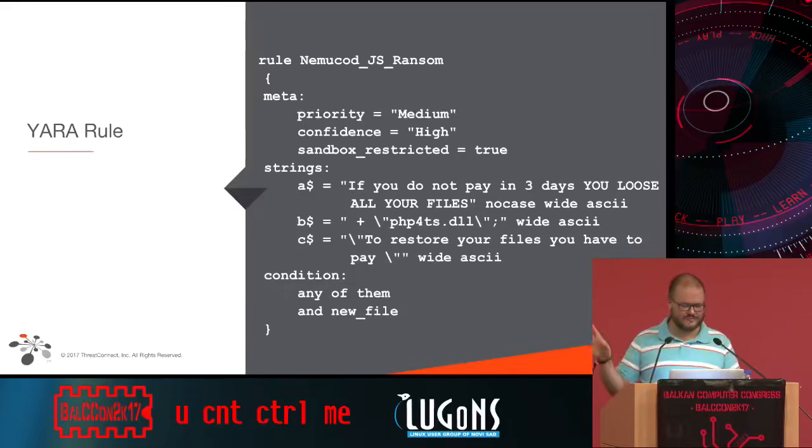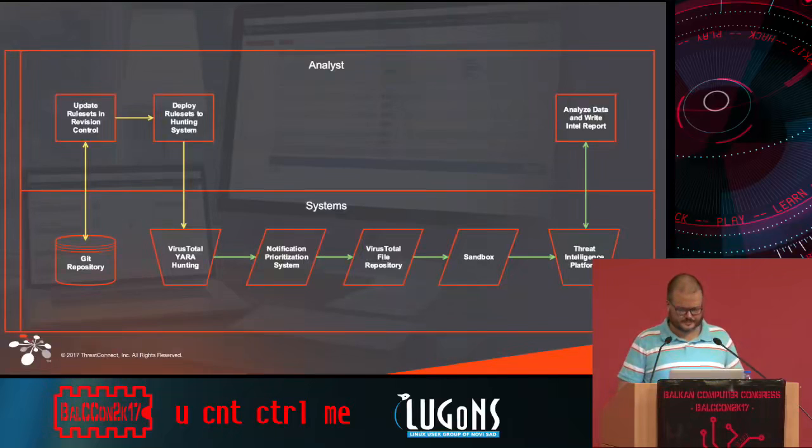So if you know that the file either shouldn't run in a sandbox, or it won't run in the sandbox, or you don't need to run it in the sandbox, I've added this flag so that these rules can still be prioritized correctly, but they won't waste time in the sandbox, in the automated malware analysis system.